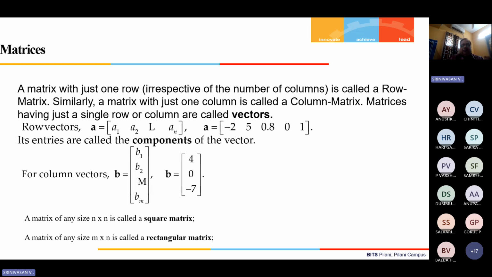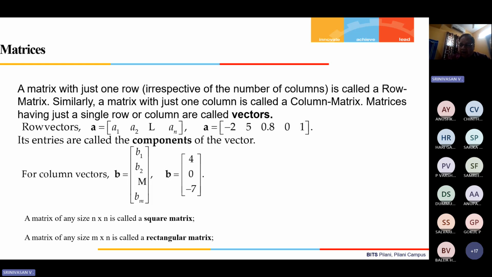Row vectors. See here, on the left hand side, the notation, even though it is a matrix, which we normally write by uppercase alphabets, when you are taking up row vector as row matrix as well as column matrix, which are especially called vectors, we can put, as you know very well, the vector symbol.